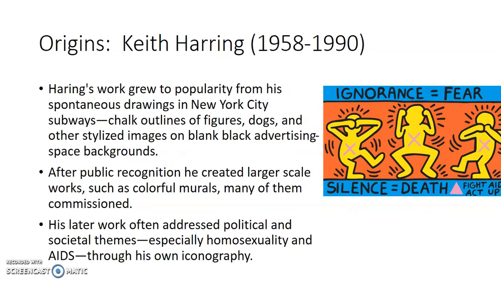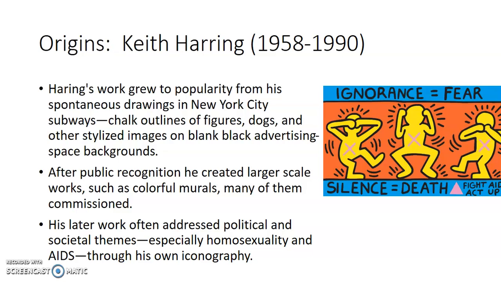So this all started with Keith Haring, who was from New York City, and he started to do these drawings in the New York subways, and they were chalk outlines of figures and dogs and other images on blank black advertising space backgrounds. He then was recognized and ended up creating larger scale works and colorful museum murals, and a lot of them were commissioned.